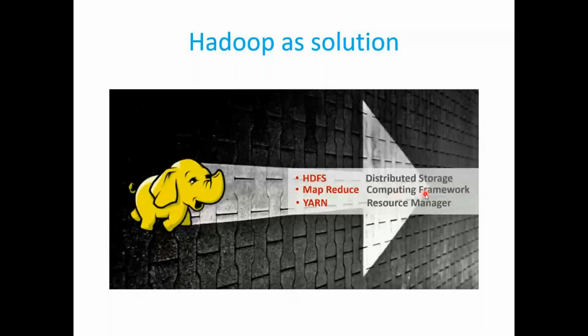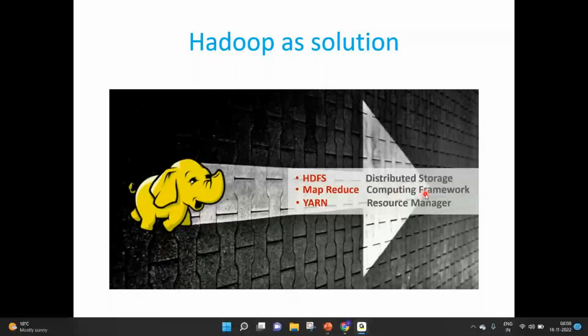And then we have the third component called Yarn. Remember, in Hadoop version 1.x, we have only two components, HDFS and MapReduce. But from version 2.x, we have a third component called Yarn, where Yarn stands for yet another resource negotiator. Let me write it down here. A lot of people are not aware of the full form, but it is important to remember the full form as well.